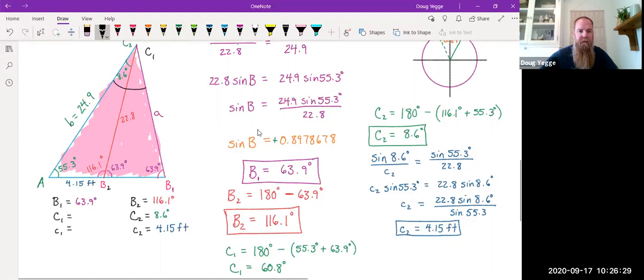So we can now come up here and recognize that that whole angle is 60.8 degrees.